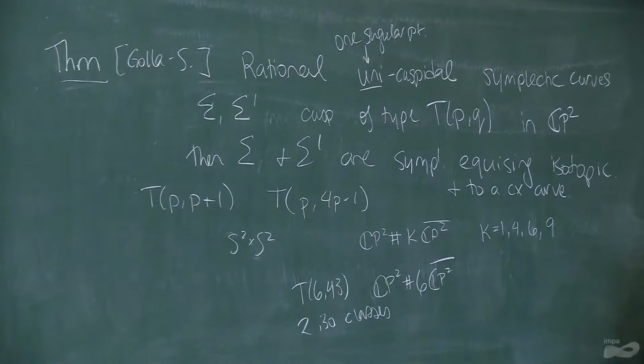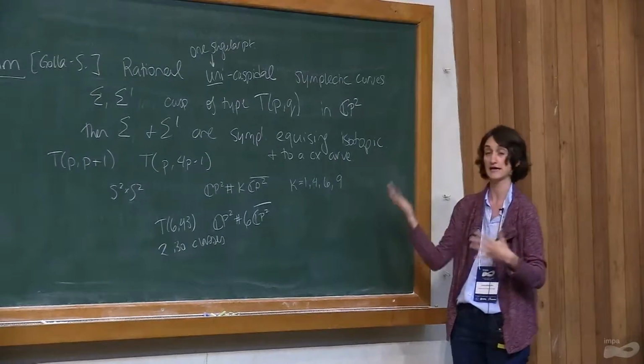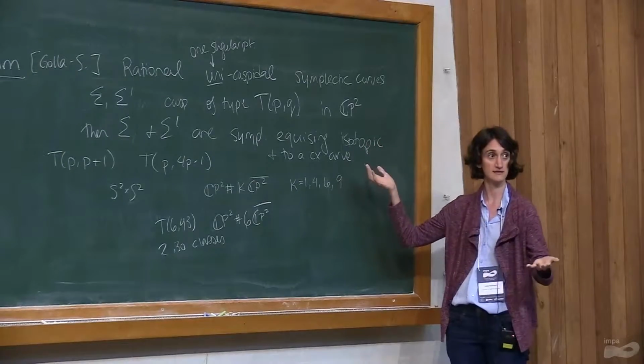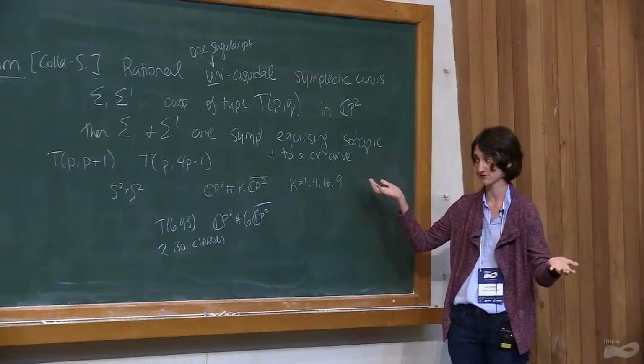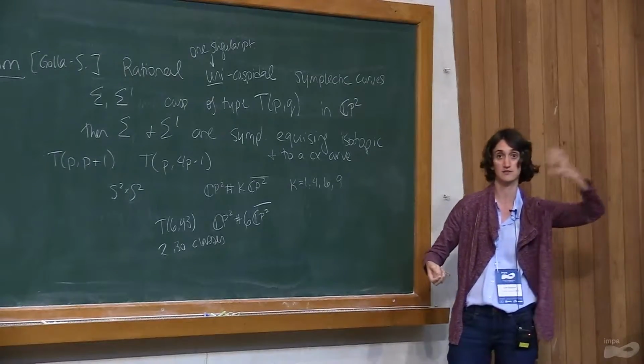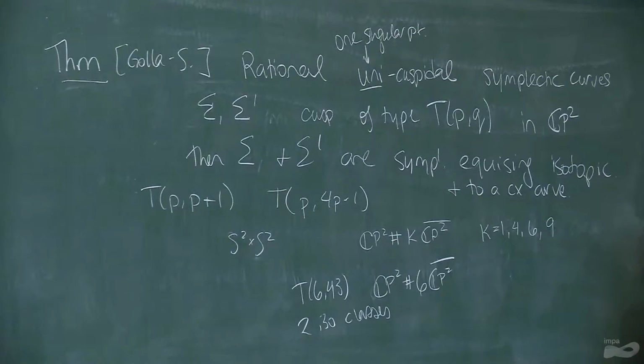So there's an abstraction level, and then there's the isotopy level. If there's a complex curve, then there's a symplectic curve also. But could there be symplectic curves which are not isotopic to the complex curve? The answer here is no, because they're all isotopic to each other.